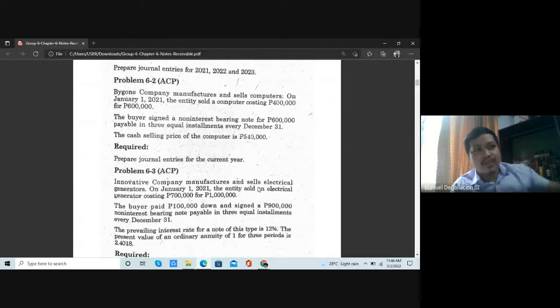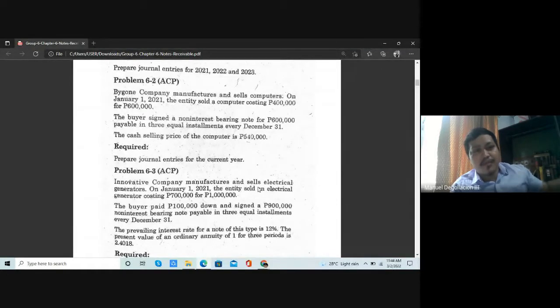So if our financial statements were not annual, class, if we just prepare a financial statement for the past 3 years, then our interest income would be 60,000. But since our financial statements are to be prepared annually, class, we will have to allocate the 60,000. Because again, interest is earned through passage of time.